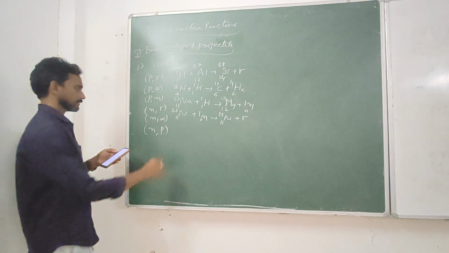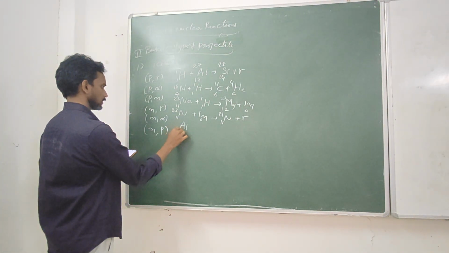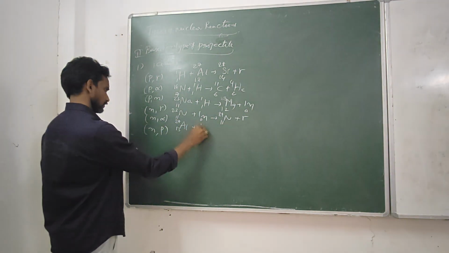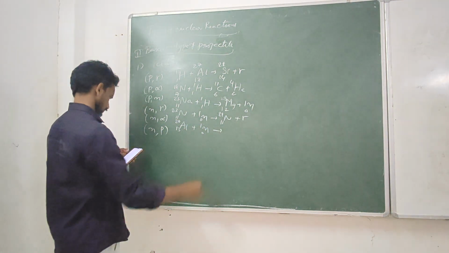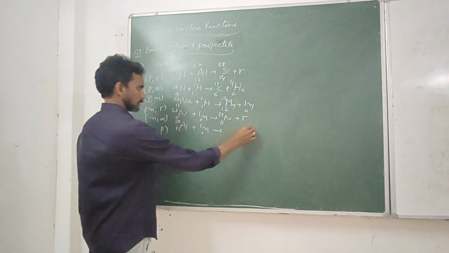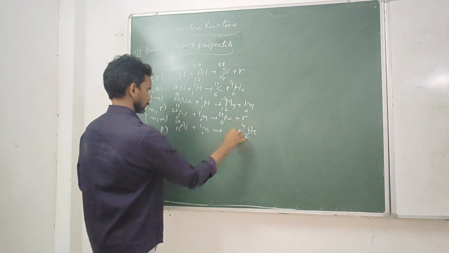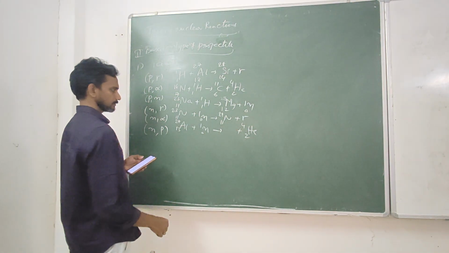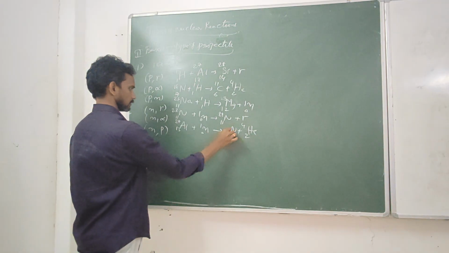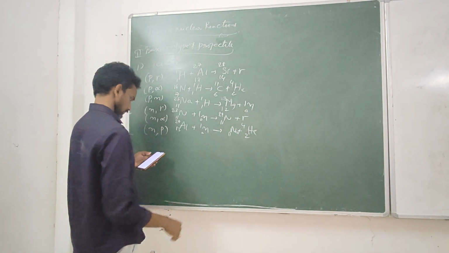Neutron alpha: Al1327 plus N01 should get He24, the remaining is sodium 1124.